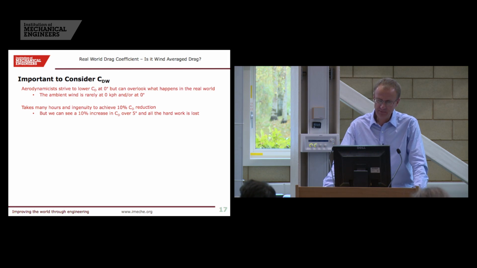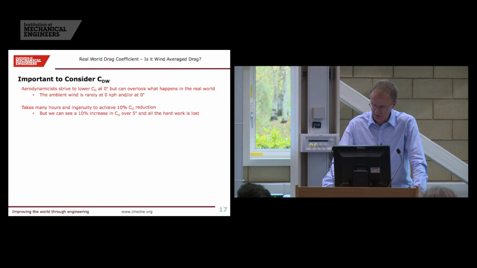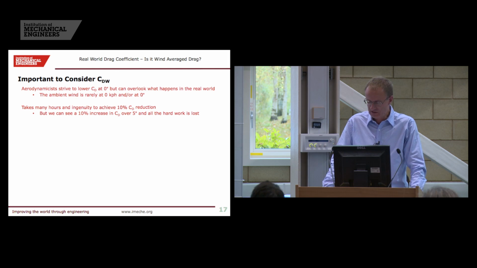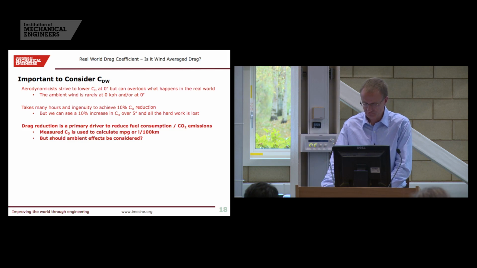And we spend many hours, in the wind tunnel or using CFD. I dare say that if a vehicle designer would give them a 10% reduction in CD, they'd give their right arm for it. But if all that benefit is then lost by the time you get to 5 degrees, then I think I'd feel a bit hard done by.